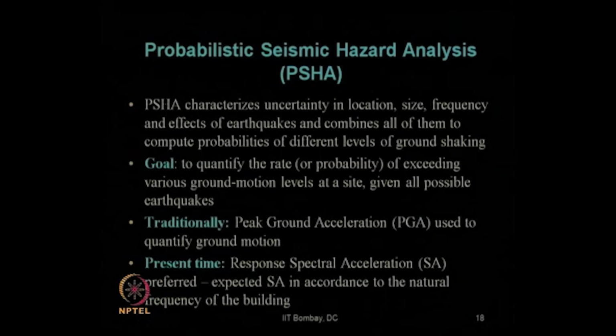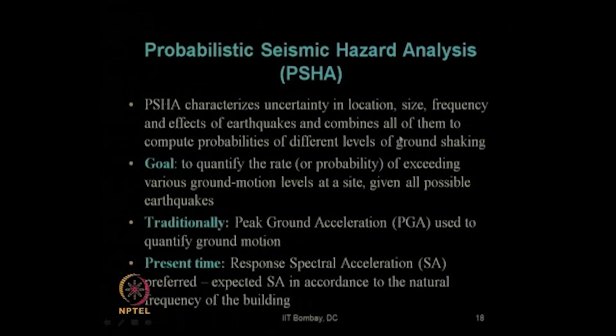So, if we see the basic concepts of probabilistic seismic hazard analysis, PSHA characterizes uncertainty in location, uncertainty in size, uncertainty in frequency, frequency means the number of times of its occurrence, and effects of earthquakes, and combines all of them to compute the probabilities of different levels of ground shaking.